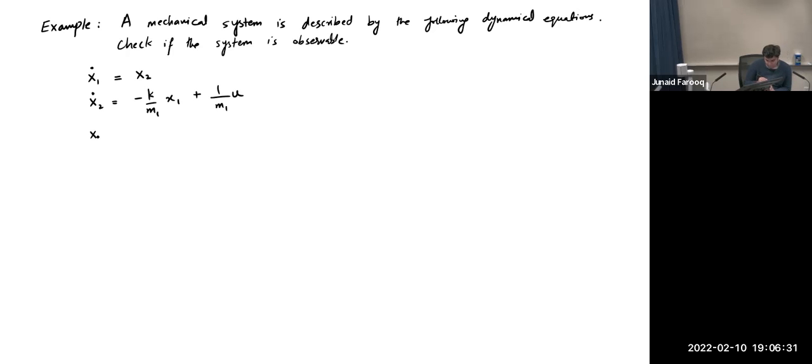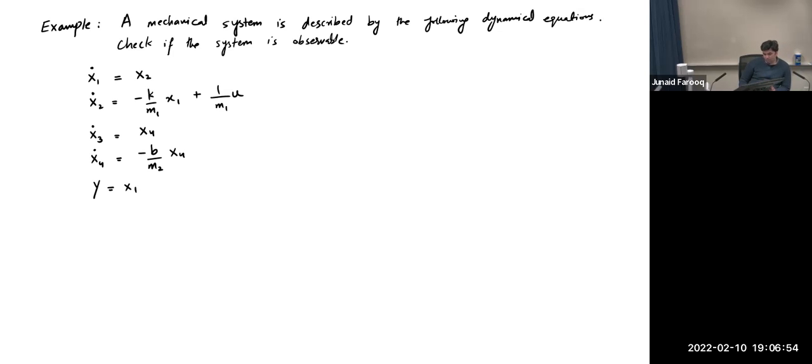Then we have x3 dot equals x4, and then x4 dot equals minus b over m2 x4. Right, and we are also given that y equals x1.